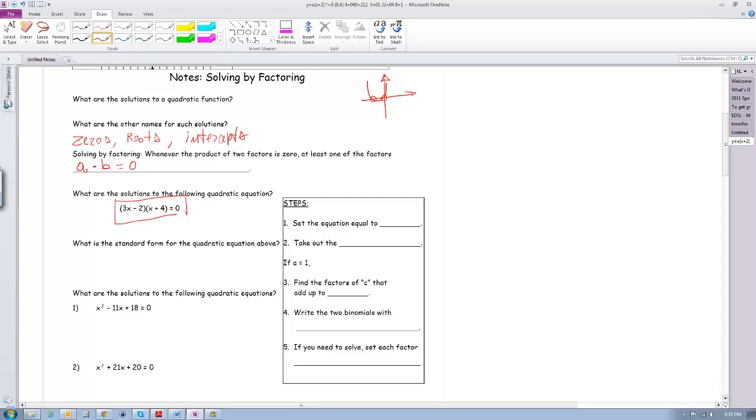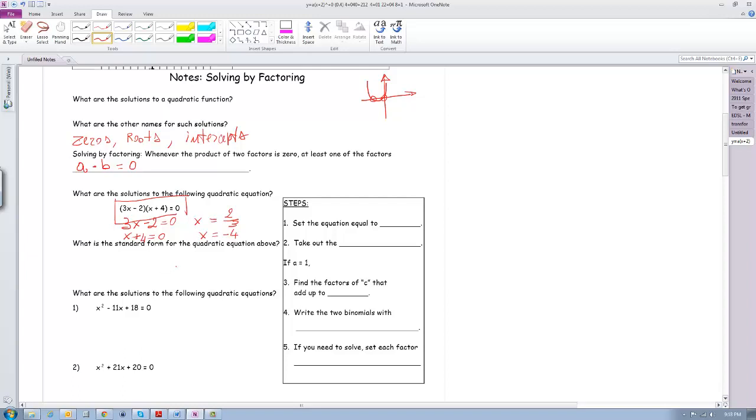So if I want to find the solution of this particular quadratic equation, I can just set 3x minus 2 equals 0 and x plus 4 equals 0. So my solutions are going to be x equals 2/3 or x equals minus 4.